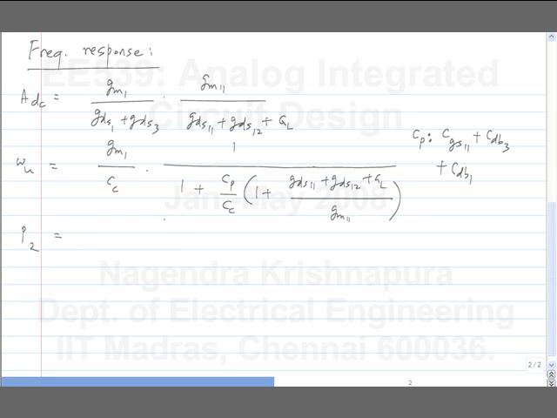The second pole is at this. I'll ignore GDS in this expression. It also contributes to the output conductance, or maybe I'll put it, but you can expect it to be smaller than GM11.